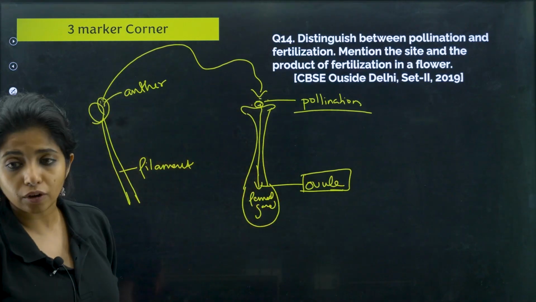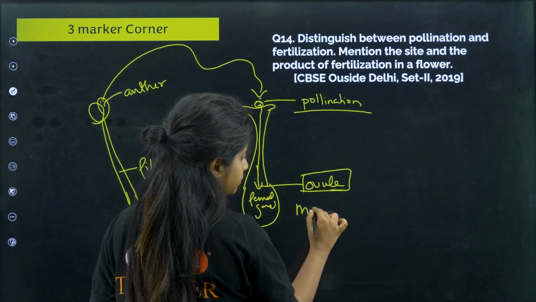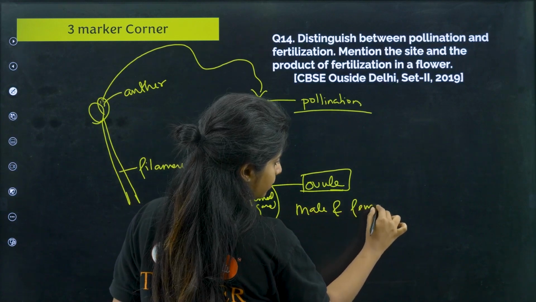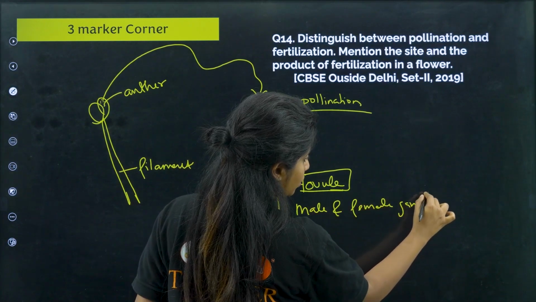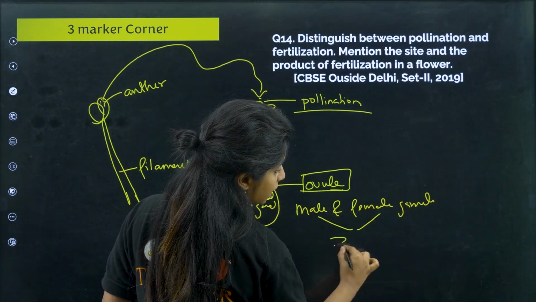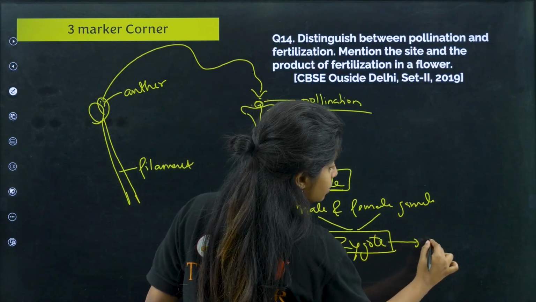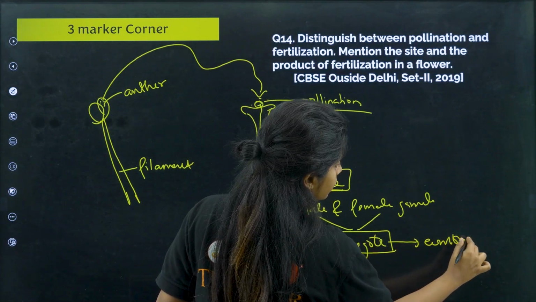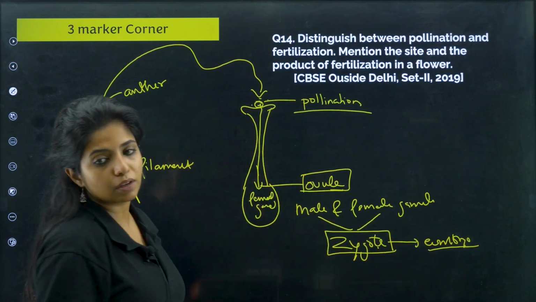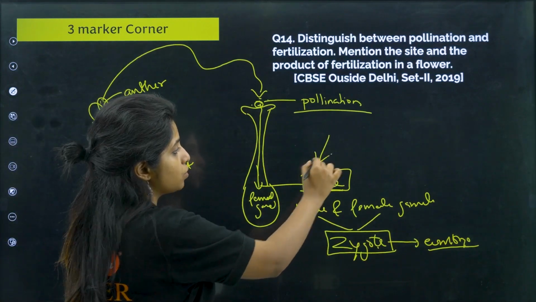What is the product of it? When the male and the female gamete fuse, you get a single-celled zygote. This zygote will continue its division to form the embryo.